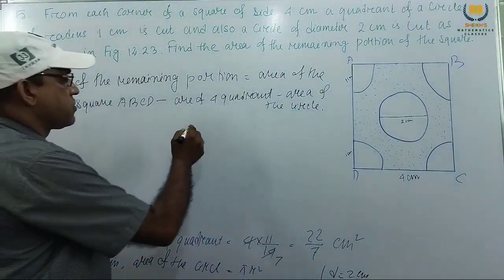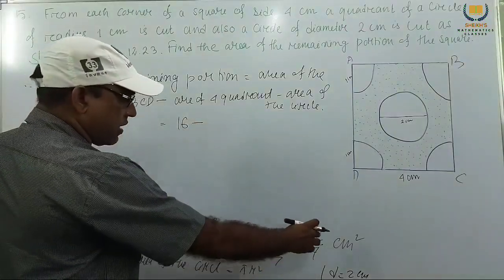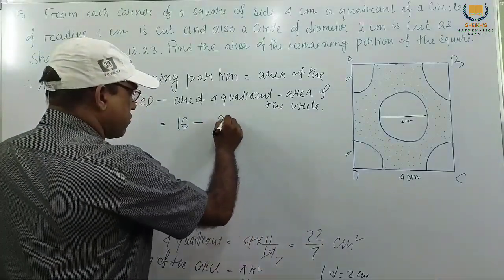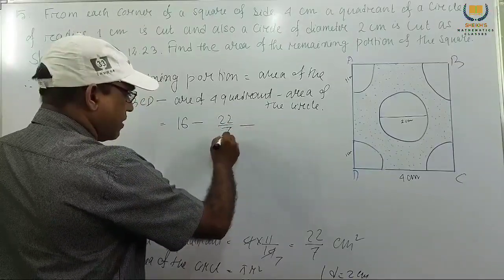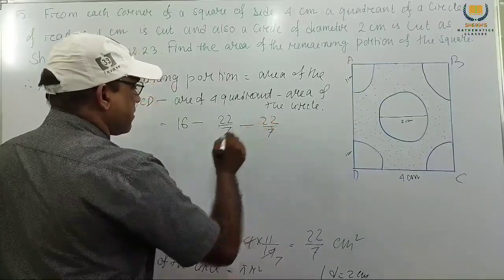So area of the square is 16, and area of the 4 quadrants is 22 by 7, minus area of the circle, 22 by 7.